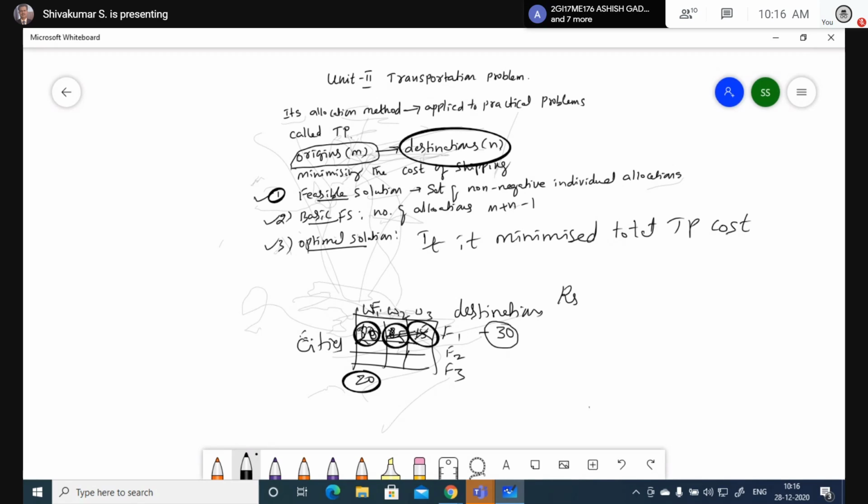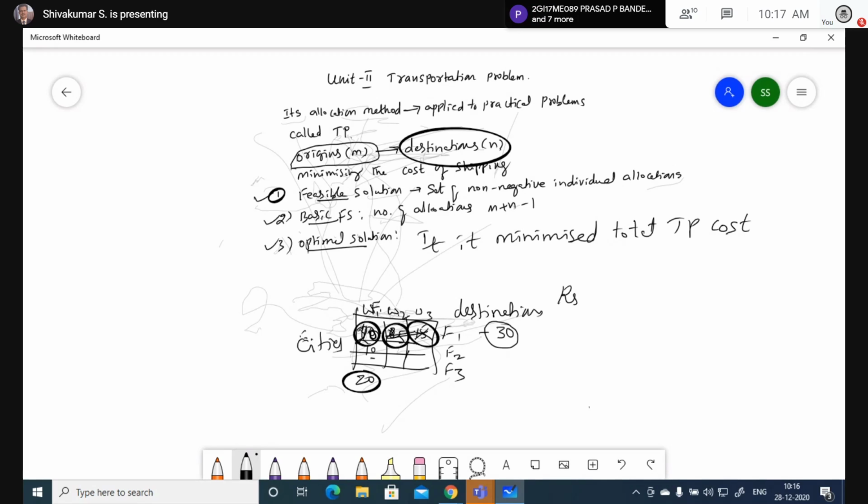One is the feasible solution, which means a set of non-negative individual allocations. Say, for example, the warehouse has a capacity of 20 only, whereas factory 1 can produce 30, but here 20 only. Say 10 you have allocated here, and 10 we can allocate here.